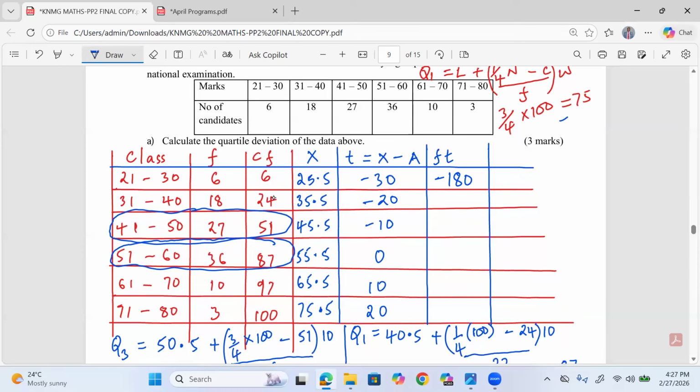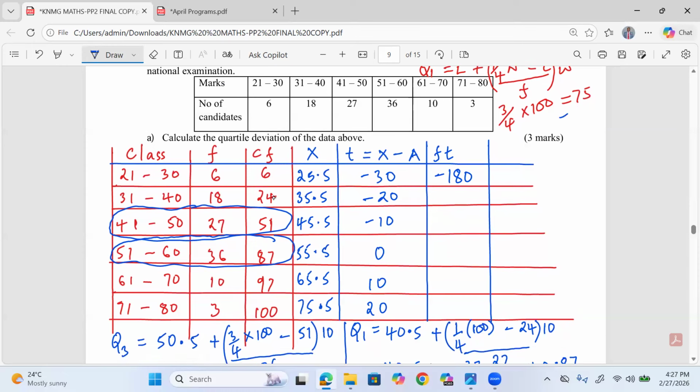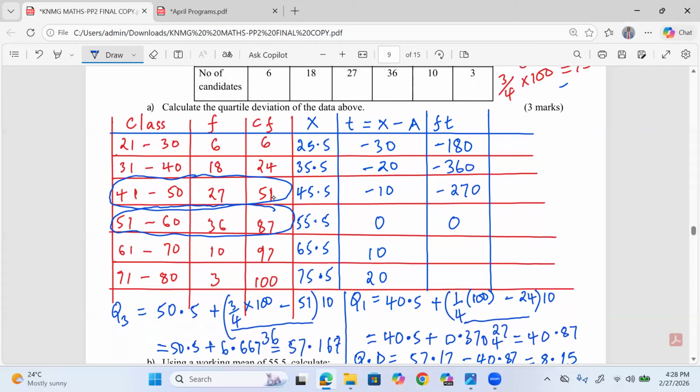The next is 18 by negative 20, we get negative 360. The next is negative 10 by 27, negative 270. The next one is a 0, because anything times 0 is just 0. 10 by 10, this gives us exactly 100. 3 by 20, is that 60? Yes.